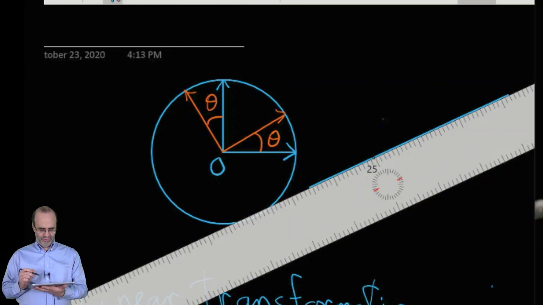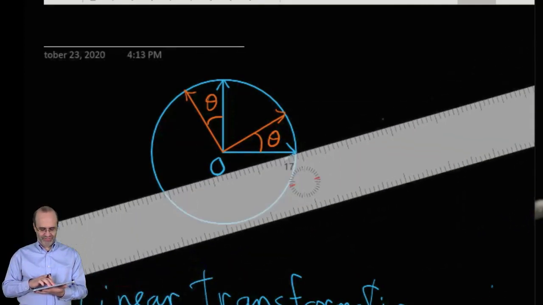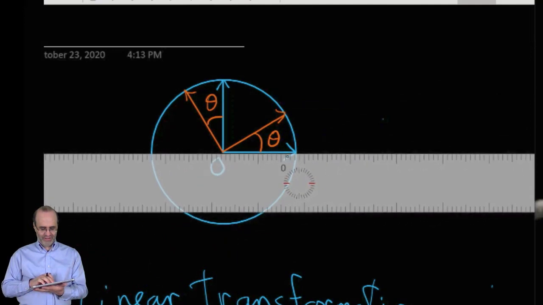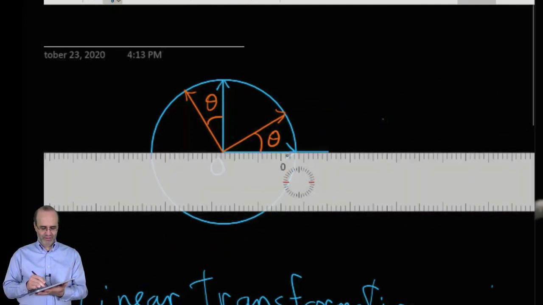Well, maybe I could do reflection with respect to the x-axis. That will be the simplest thing. The origin is already there. Let me extend the x-axis like this.